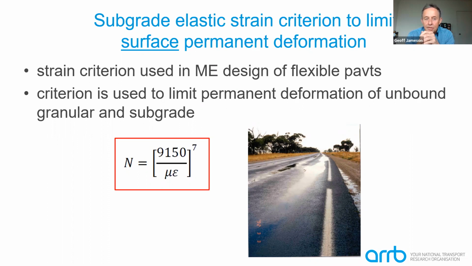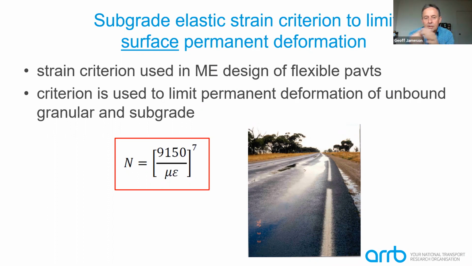Well, that's not the case. We're actually calculating the subgrade elastic strain, and from that, estimating the allowable loading in terms of surface deformation. So it includes deformation of the granular materials and deformation of the subgrade from an estimate of the subgrade strain.